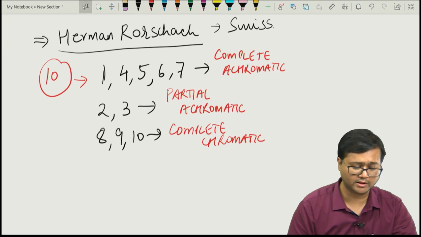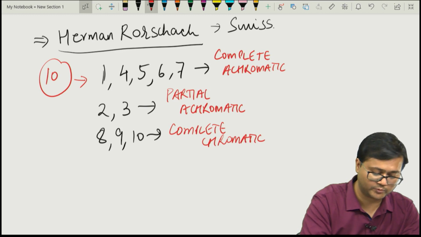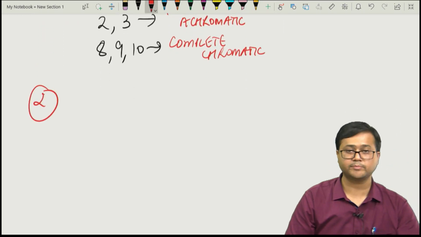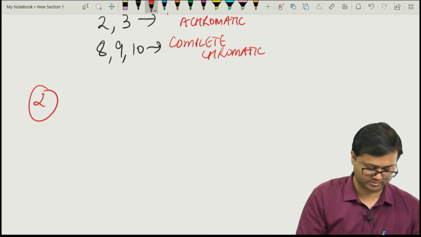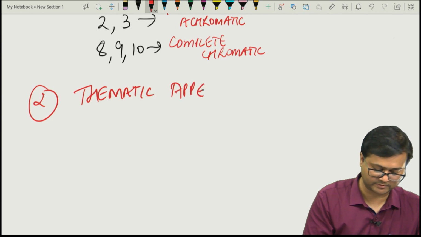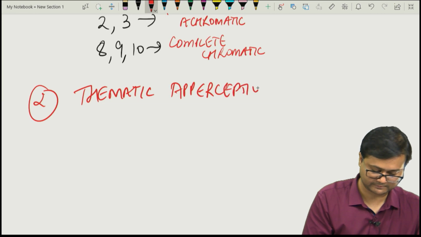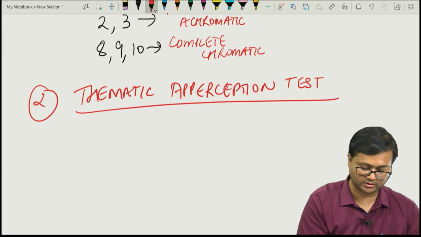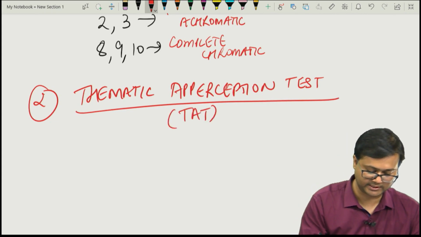Similarly, the second important projective test is the thematic apperception test, also known as TAT.